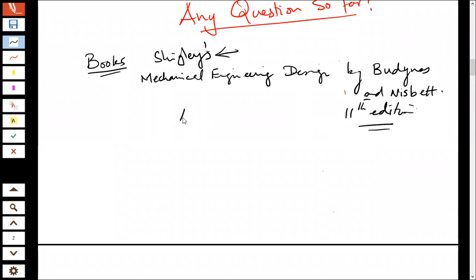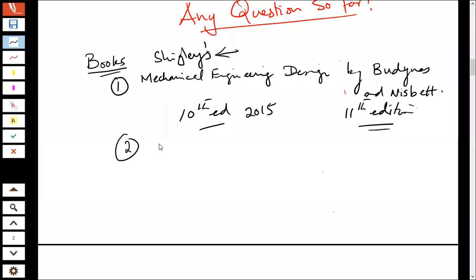You can use the 10th edition, which was printed in 2015. So for consistency, this will be our textbook basically. Okay. There are other books, such as by Juvinall.